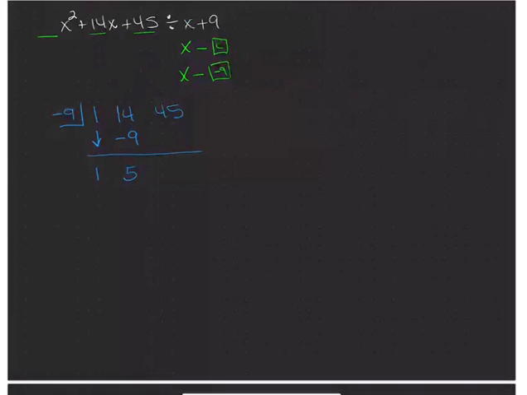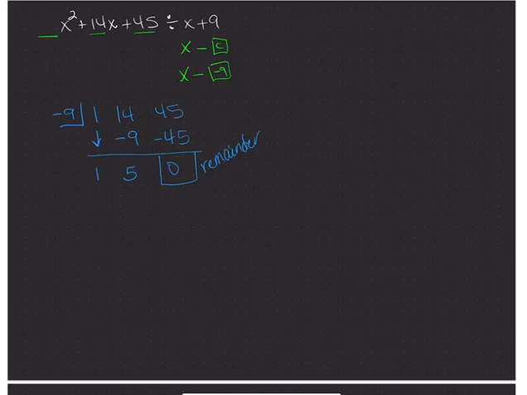To get my next number, I'm going to do -9 times 5, which is -45. I'm going to add those together and I get a 0. Always put that last number in a box, because that is going to be your remainder. So we have a remainder of 0, so we don't have a remainder, right?